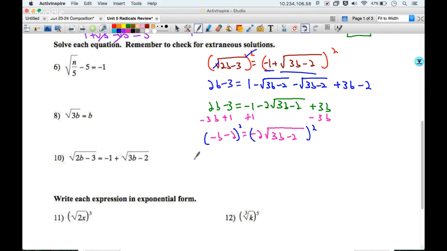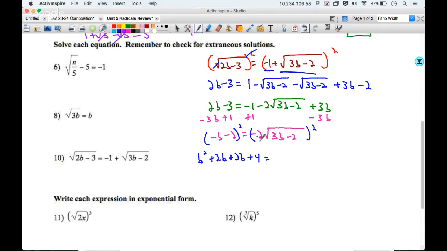This side over here becomes negative b times negative b is going to become b squared, plus 2b plus 2b, just foiling this, plus 4. All right. Yeah, I think so.